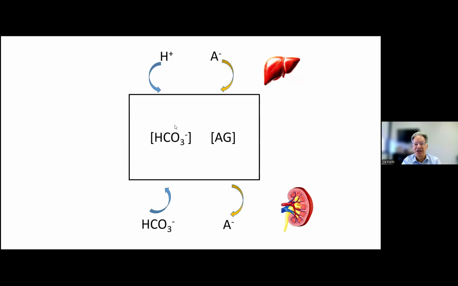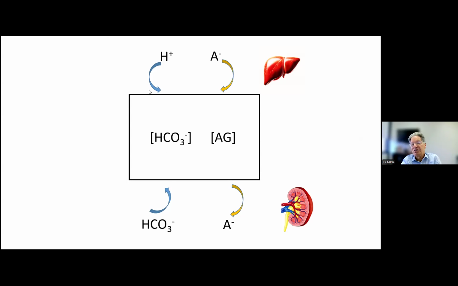Say a patient with ketoacidosis has a proton coming into the body with an anion from hepatic ketoacid production. The proton will drop the bicarbonate, and the anions coming in will raise the anion gap. To use the change in the anion gap as a surrogate for the proton load, we're assuming that it will exactly equal the fall in the bicarbonate.